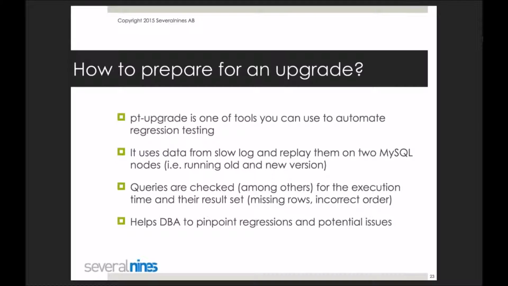And once you have a slow log, pt-upgrade can replay it on two MySQL versions, comparing the results. So theoretically speaking, you're running the same query on the old and the new version, and then the results are being compared. So the queries are checked, among others, of course, for the execution time. If a query takes longer to execute on the new version, then it's listed in the report, and that's a good reason to take a look at it.